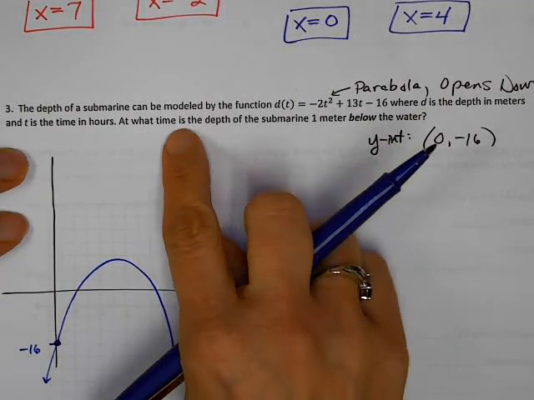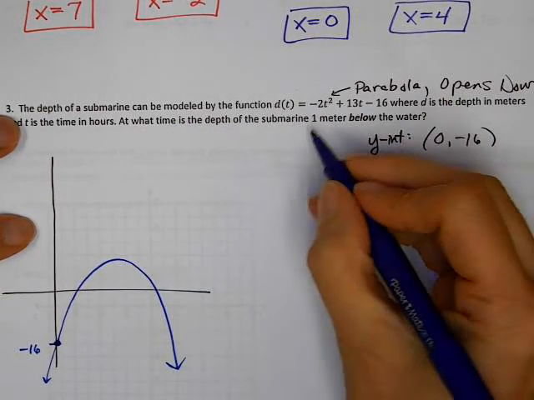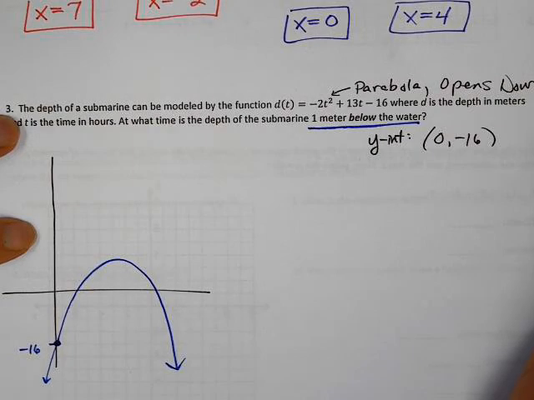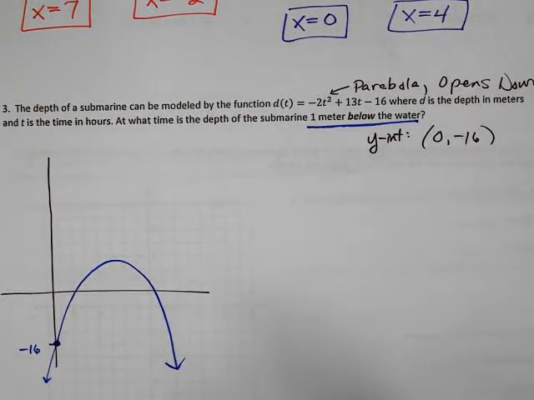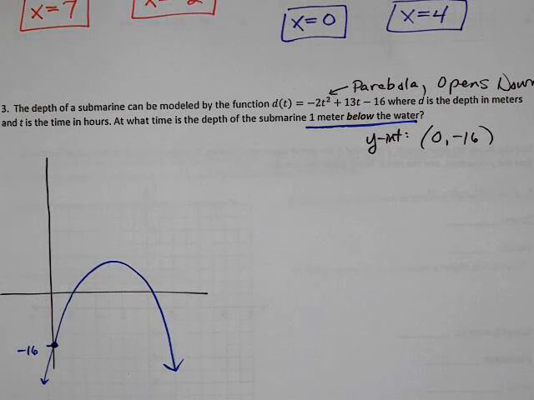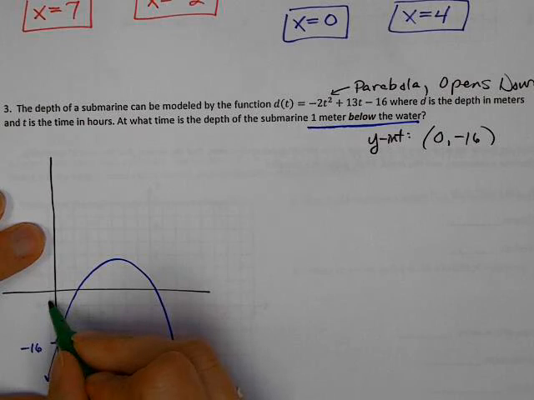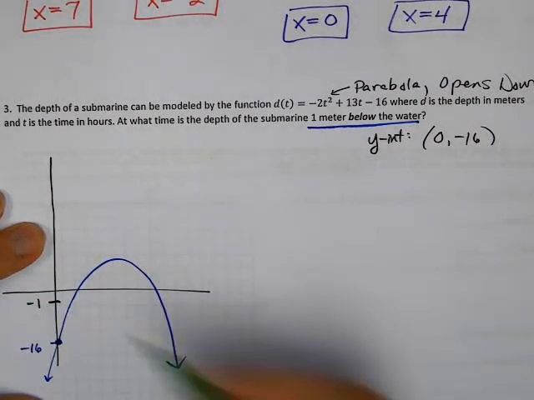At what time is the depth 1 meter below the water? According to this picture, it looks like it's 2 times. It might just be 1 time. I'm going to have to do some algebra to figure this out. 1 meter below the water is negative 1.